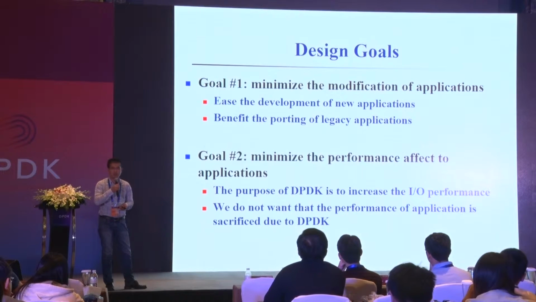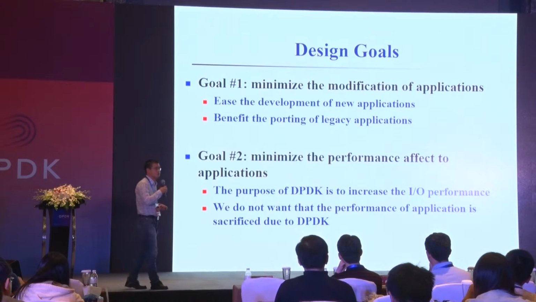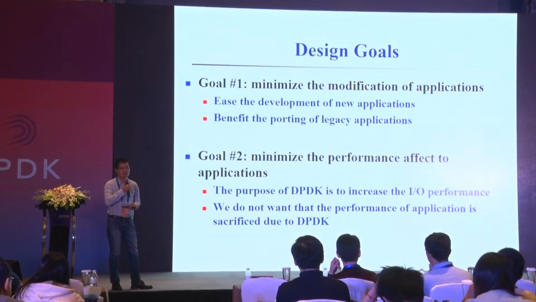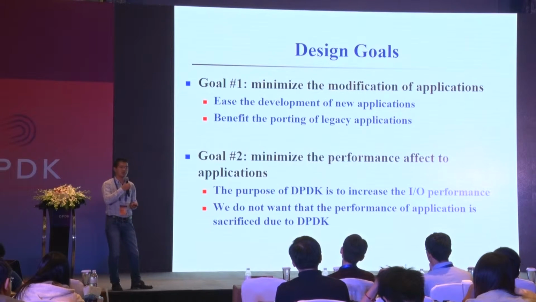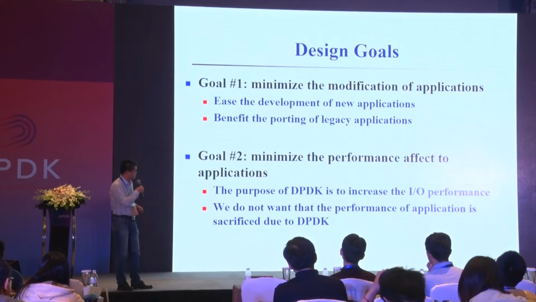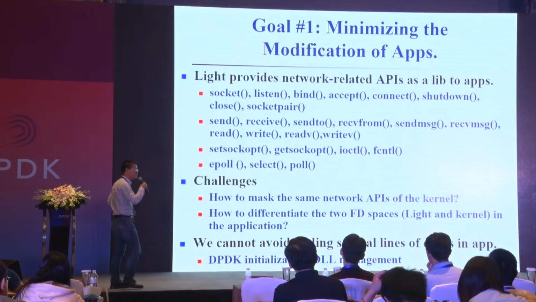By increasing I/O performance, we can enhance the systematic performance altogether. But DPDK requires a lot of CPU resource. If DPDK starts to affect the application performance, then it will be losing the original targets. So for the two goals we are aiming to achieve, I want to give an introduction to our technologies.